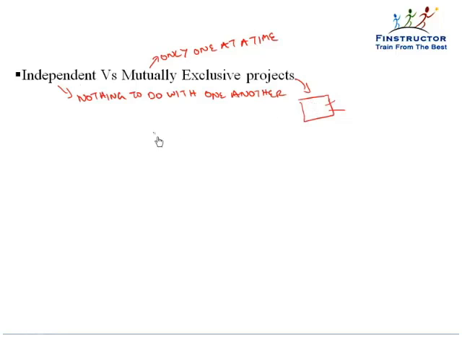A certain other related definition that you should be aware of is that we are at times required to do project sequencing. That is, if one project is successful, then another can be taken up.